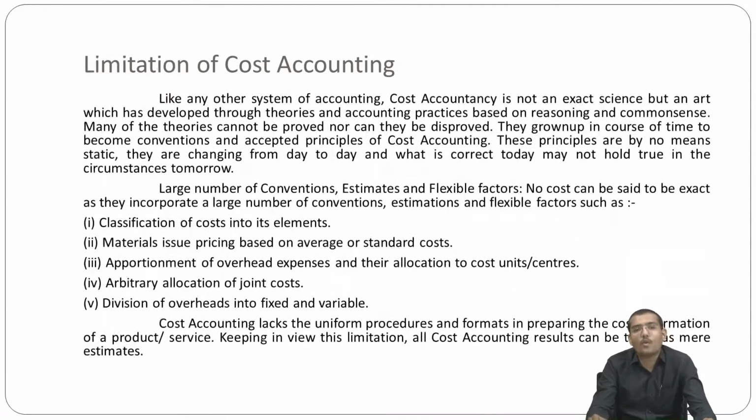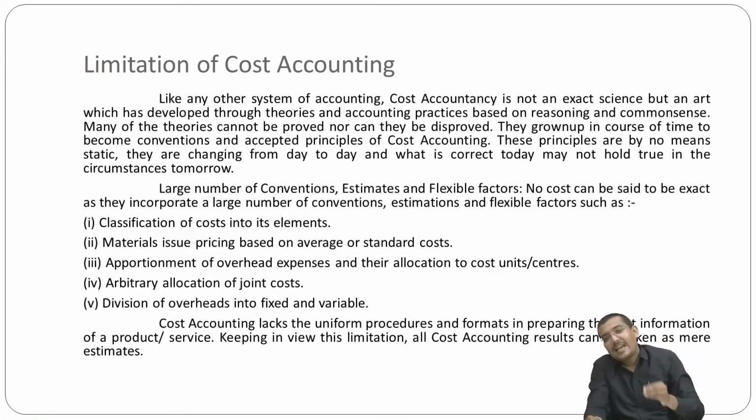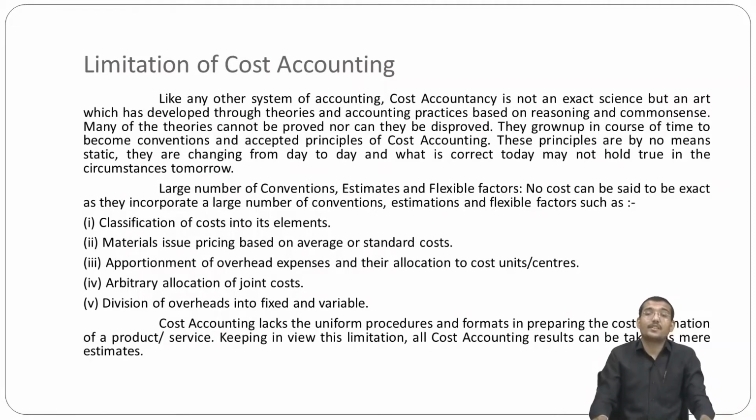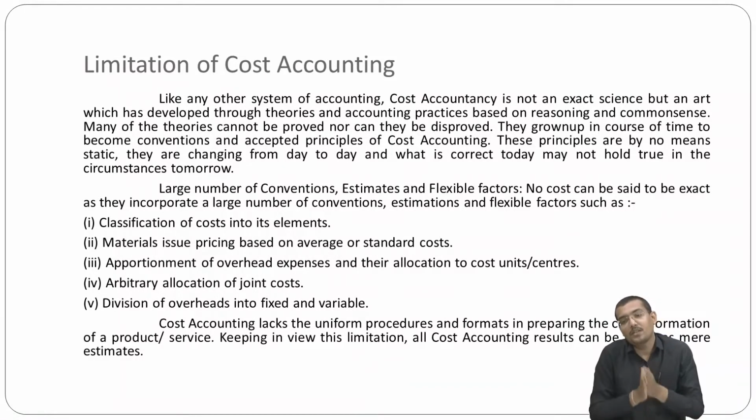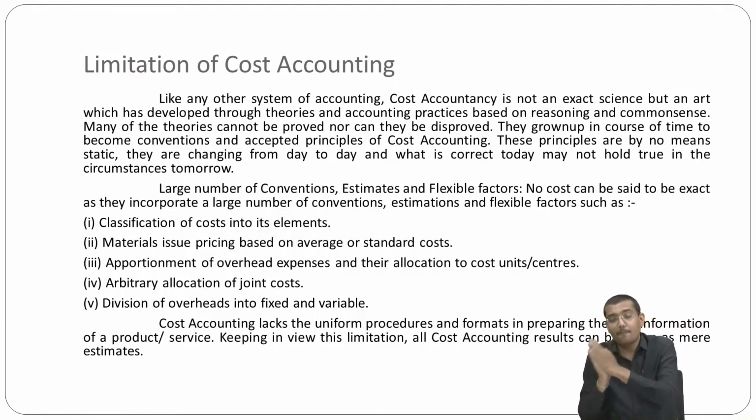Now let us move forward towards the limitations of cost accounting. Where there is an advantage, at that point of time, my dear friends, there are some limitations, some disadvantages also, in defining or deriving cost accounting in an appropriate manner.